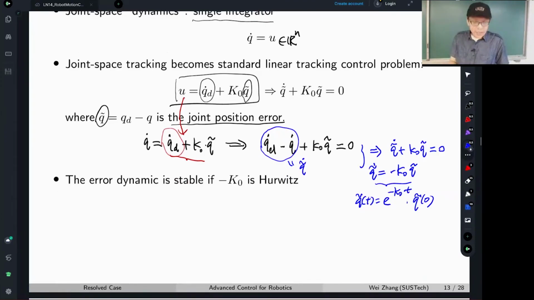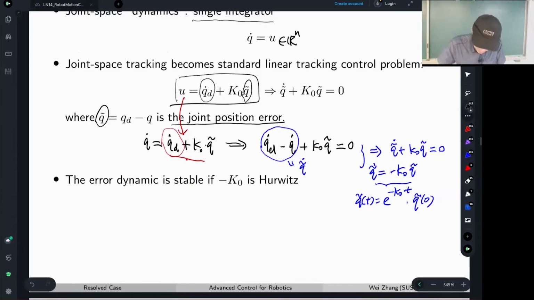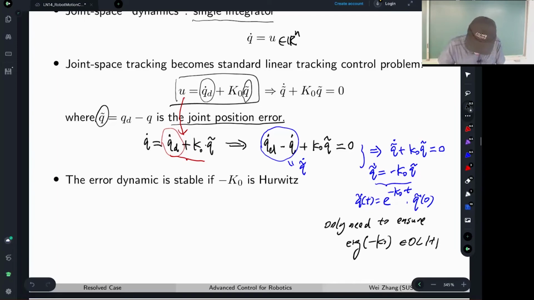What kind of K can achieve that? All I need to make sure is, we only need to ensure the eigenvalues of negative K0 belong to the open left half plane, as we just mentioned. Make sense?